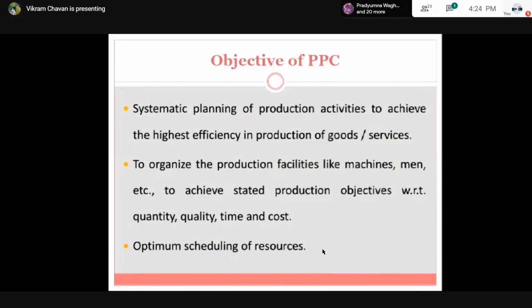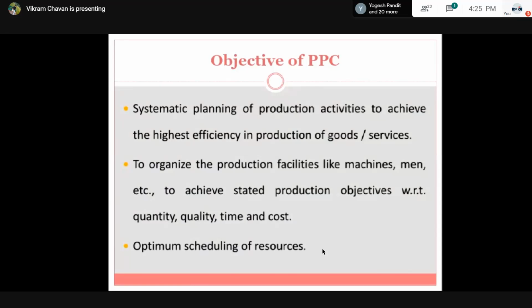The planning should be systematic, so that there will not be any loopholes in the planning. Now, efficiency is nothing but the ratio of output divided by input. Here the output is the finished goods, and input is the resources, like manpower, materials, machines, and manufacturing process.